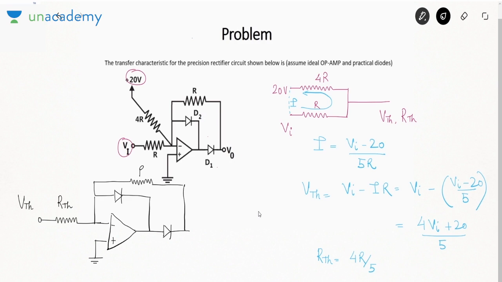Now this resistance is R. Now see one thing, how do we analyze such circuits? We analyze such circuits by using the open circuit test. But since we are very familiar with these circuits, I'll try and do something directly. First let me write down the values of VTH and RTH.